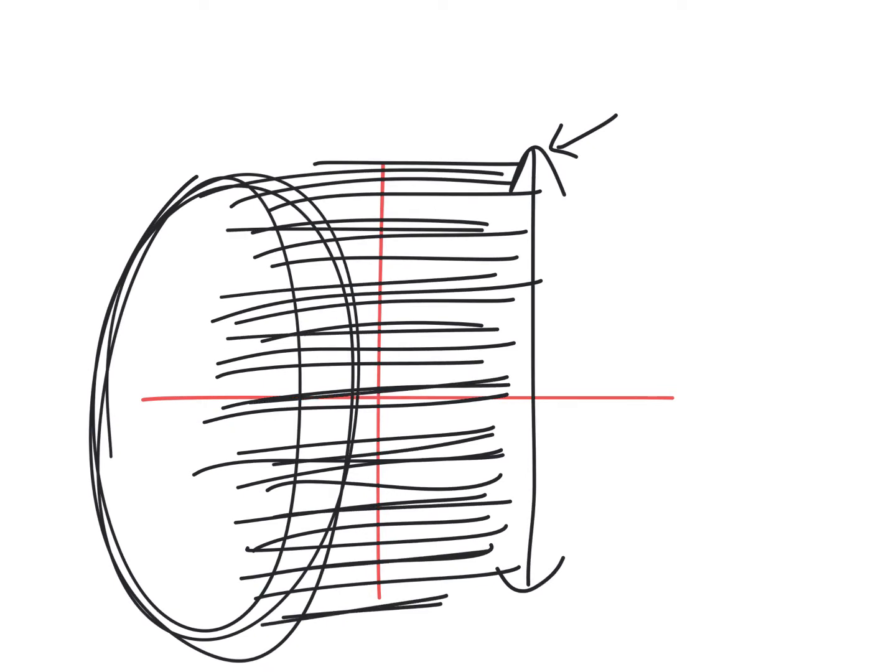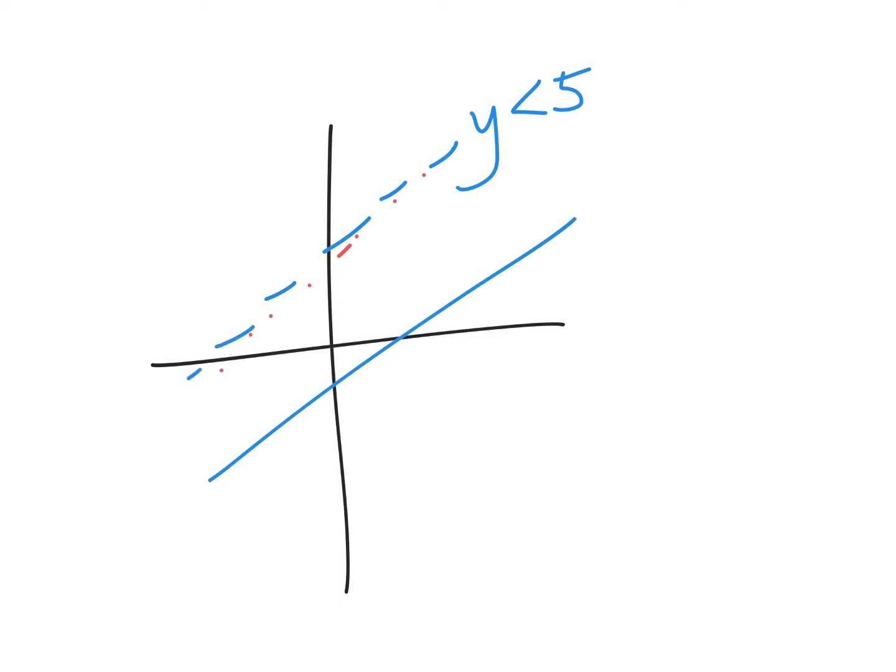Okay, and then the last thing is about dotted lines. Obviously, you can tell if I do this versus I do this, they mean different things. The dotted line means that it's just like y is less than a number. Then it'll be a dotted line.